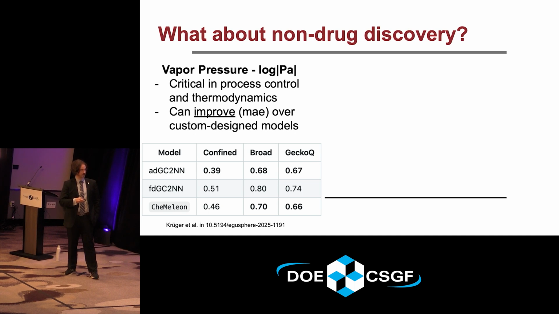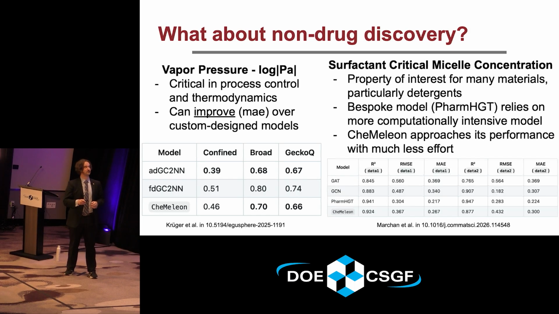So you can see on this confined data set, which was their smallest one, ironically, we're still not quite approaching the performance of their absolute best one, but when we go to this industry standard Gecko-Q data set, or this broad data set, which covers a lot more chemistry, we are statistically meeting or exceeding the performance of the reference model with the Chameleon method, which we're very happy to see, because again, I'm not an expert on vapor pressure.